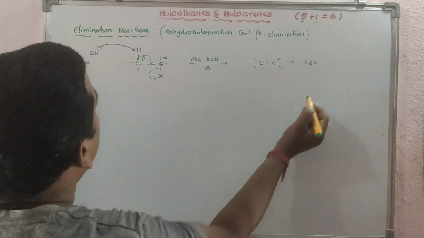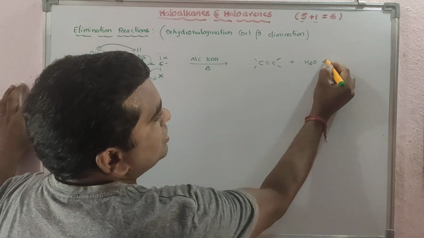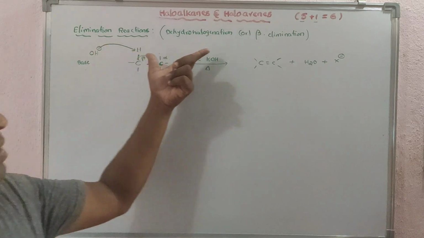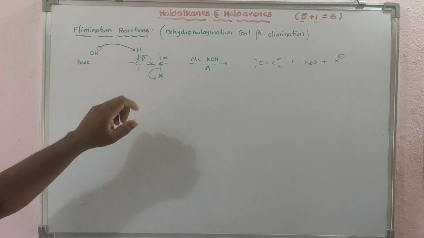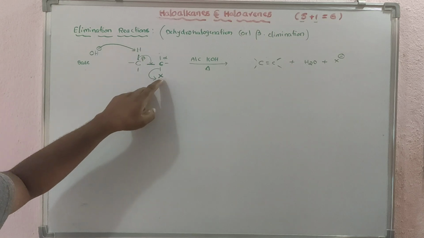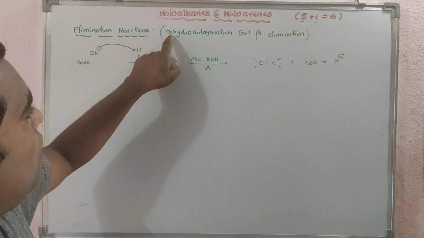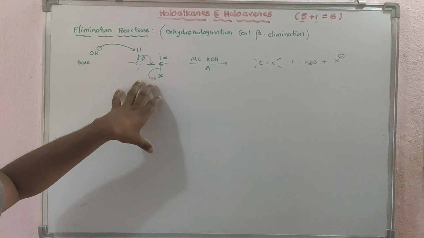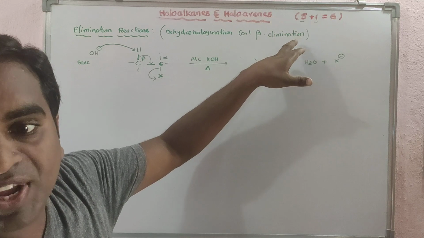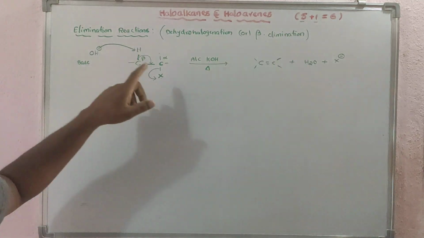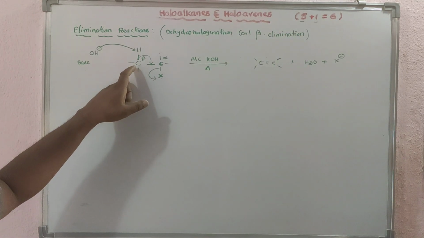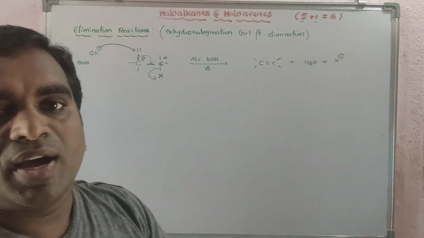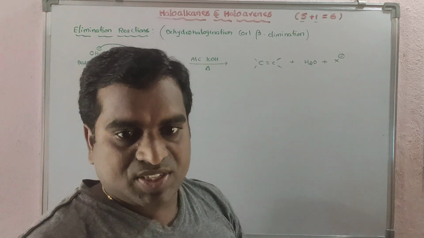Plus H2O: OH minus and H plus give H2O, and which one is removed here? X minus. These reactions we call elimination reactions, and here one H and one halogen are removed, so this can also be called dehydrohalogenation. These reactions are also called beta elimination. Beta elimination means hydrogen is removed from which carbon? Beta carbon, so that's why these reactions can also be called beta elimination reactions. Clear?